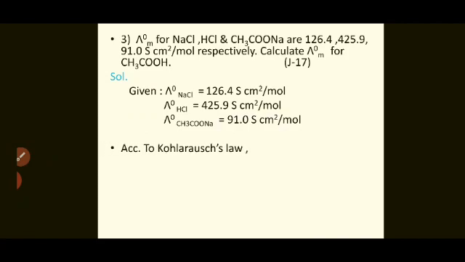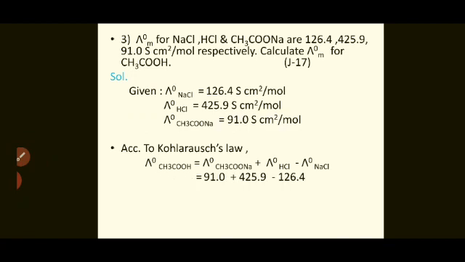Then according to Kohlrausch law, we should write lambda naught CH3COOH is equal to lambda naught CH3COONa plus lambda naught HCl minus lambda naught NaCl, because according to Kohlrausch law, the limiting molar conductivity of any substance is equal to the individual contribution of cations and anions. So by application of this, we can calculate the value of lambda naught of acetic acid.